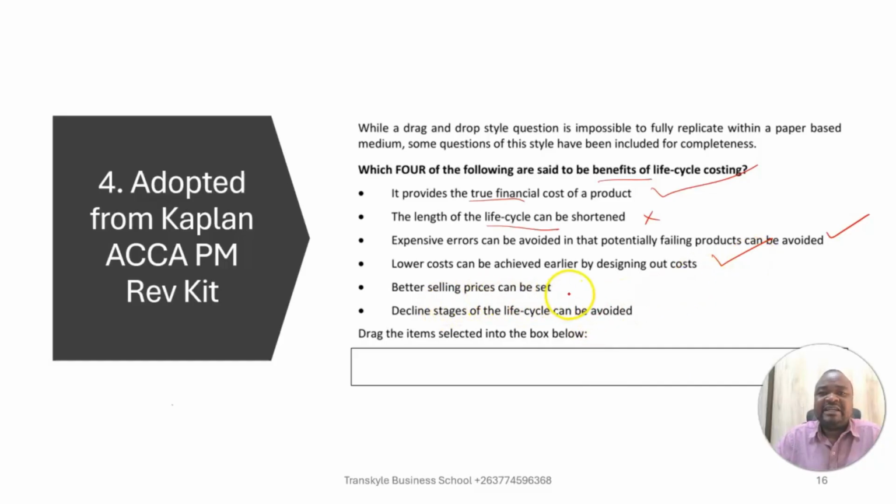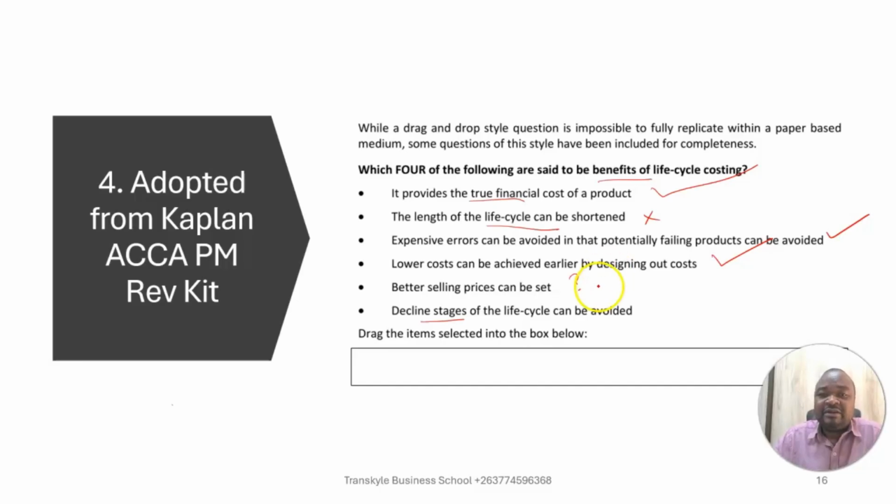Better selling prices can be set. I can give a question mark on that. Decline stages of the life cycle can be avoided. This one is saying that we can avoid the decline stages. Is that possible, guys? You cannot avoid decline stages of the life cycle of the product just by using life cycle costing.